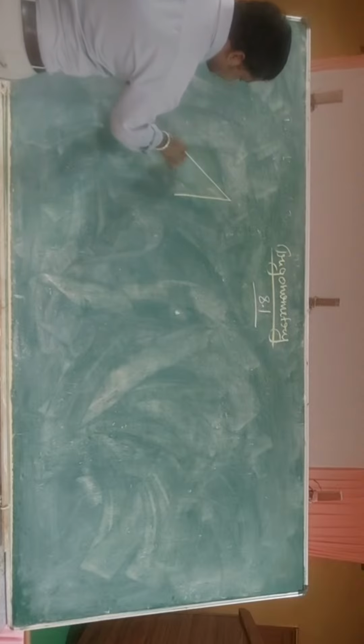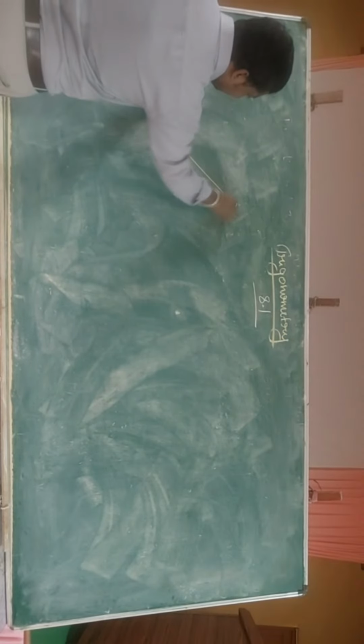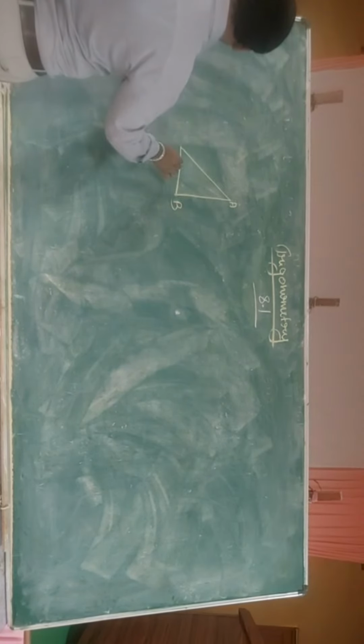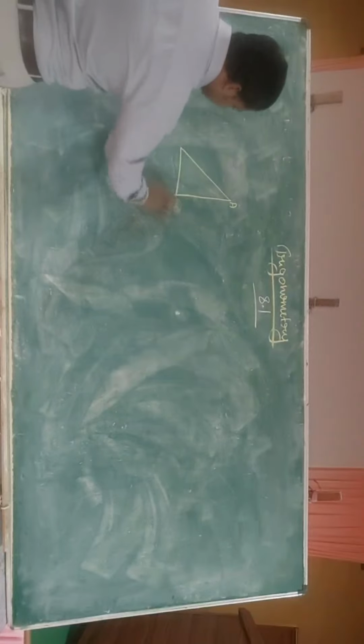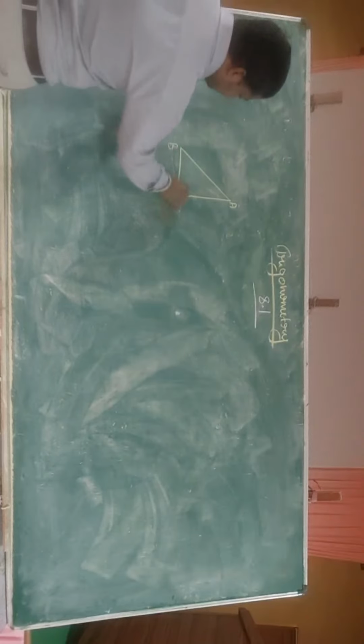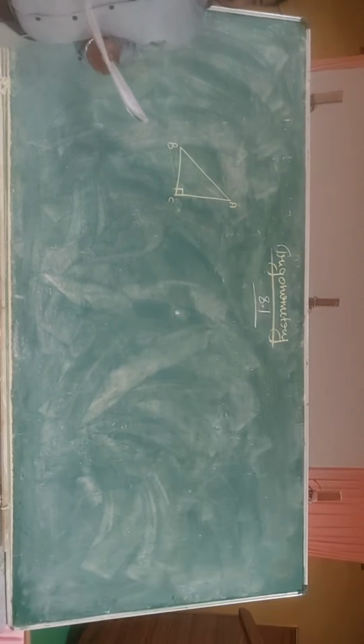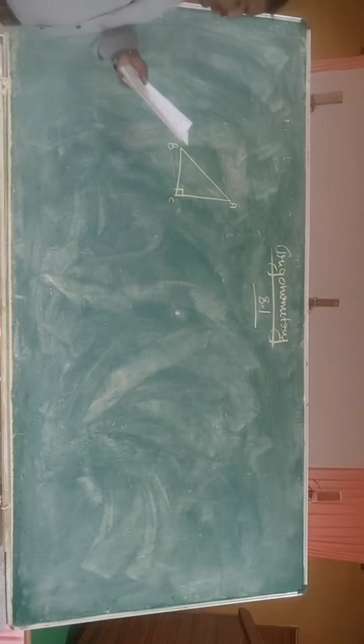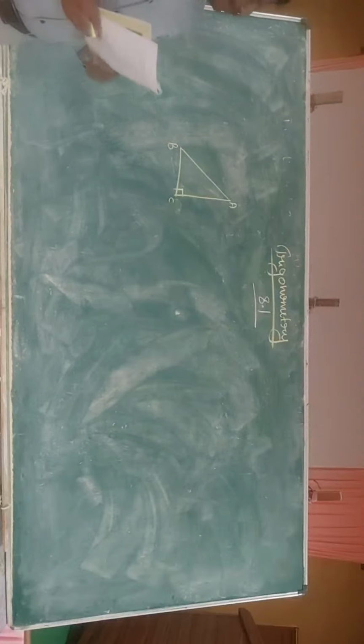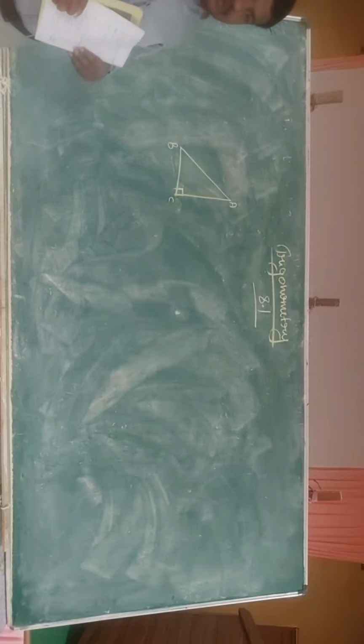If A and B are acute angles, imagine here is one triangle. Triangle ABC. C is the right angle and B is the acute angle. A and B are acute angles. Angle sum property of triangles you know very well.